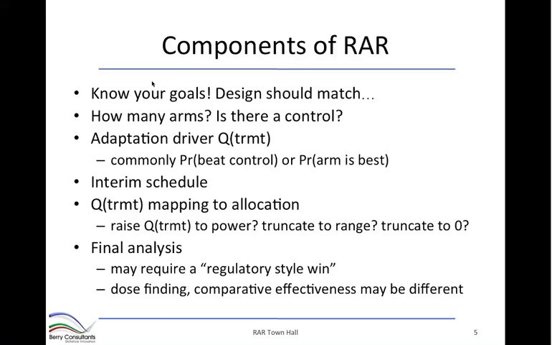And at the end, you have to decide what your final analysis is. This may require what I'm going to call a regulatory style win, meaning, do I need to demonstrate superiority with a test that is 2.5% type 1 error controlled? That's a possibility. In other settings, you might find something different. In a dose-finding study, for example, we're trying to find the best dose.